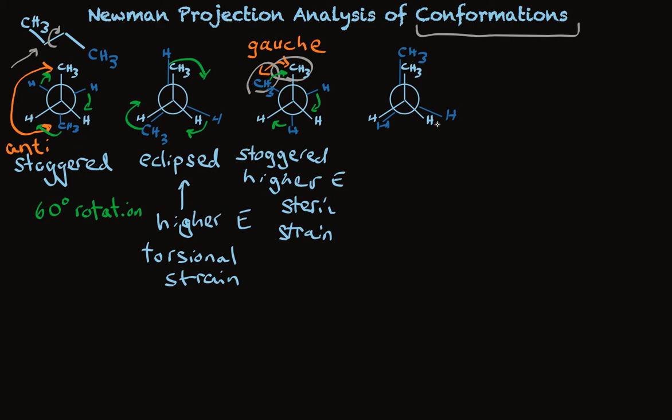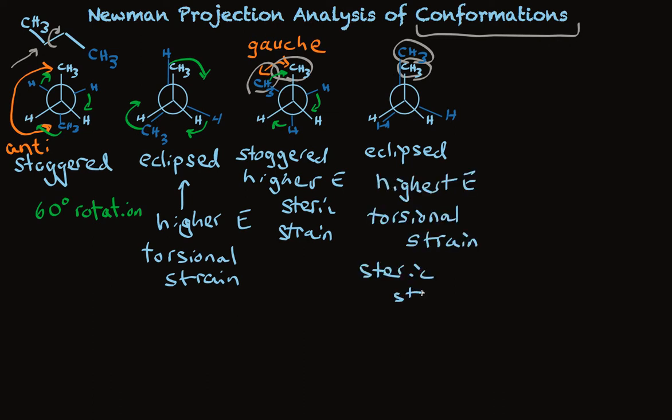So this is another eclipsed conformation. And now we have the bonds interacting in torsional strain and the methyl groups interacting with steric strain. And so this is the highest energy conformation. It has both torsional strain and steric strain.